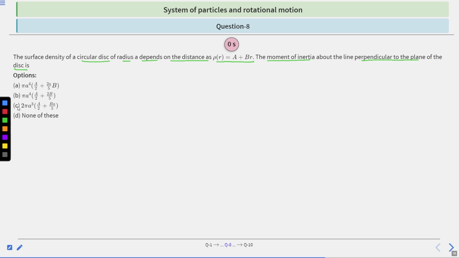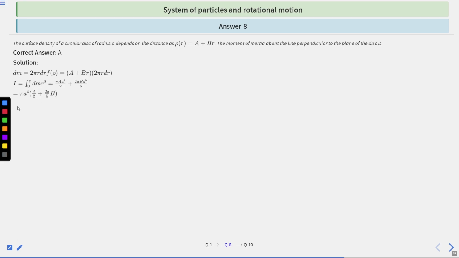Let's find the solution. Use this term: dm equal to 2 pi r dr times rho of r, which is equal to a plus br times 2 pi r dr, and I equal to integral from 0 to a of dm r square.